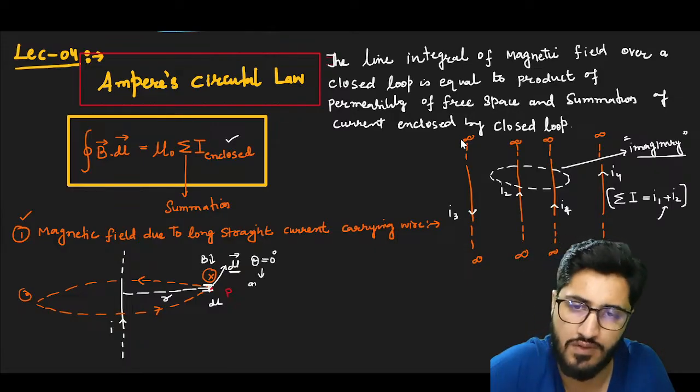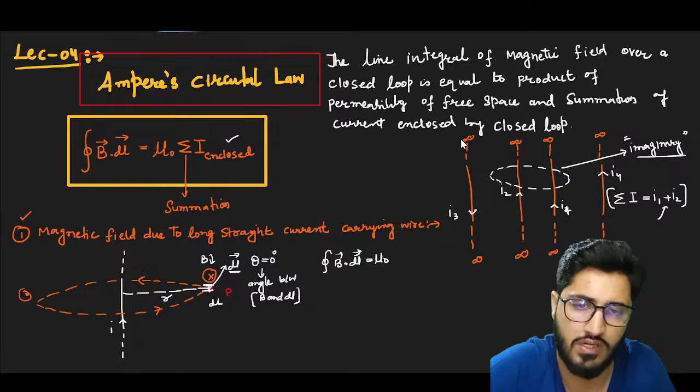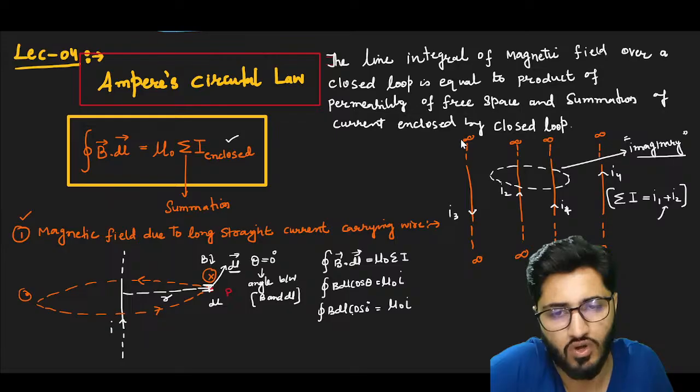What is theta? Angle between B and dl. Now use this law: integration of B dot dl equals mu naught summation of current I. B dot dl, I will write B dl cos theta, mu naught, internal current is only I. Closed integration of B dl cos 0 degree equals mu naught I. So cos 0 is 1.